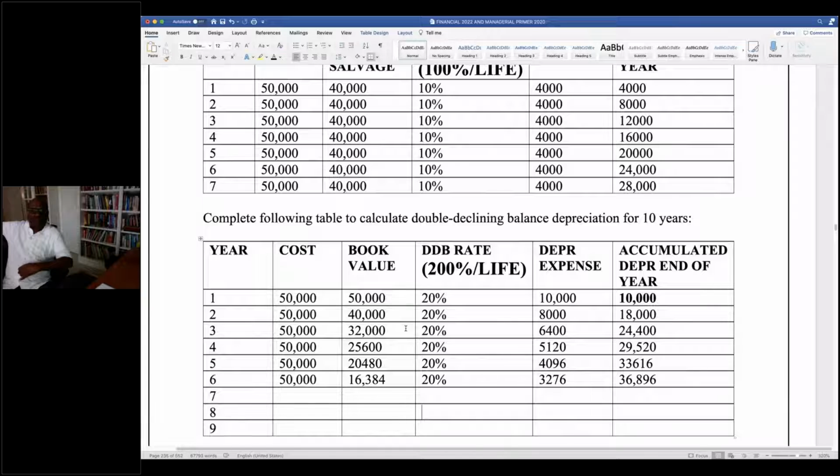I don't know why I keep saying 20,000, but yes, 20%. And then that gives you the depreciation expense. Correct. That will go in that AJE. And then you add that to the previous accumulated depreciation at end of year. Correct. Okay.